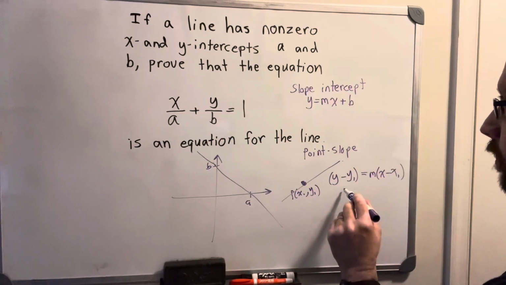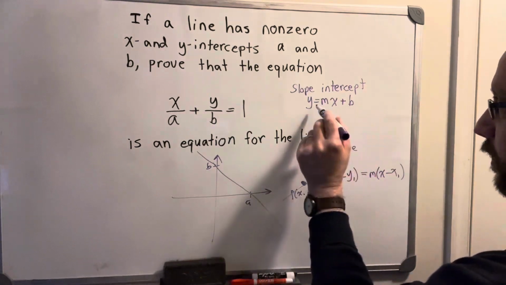So this is the point slope form. This is the slope intercept form.